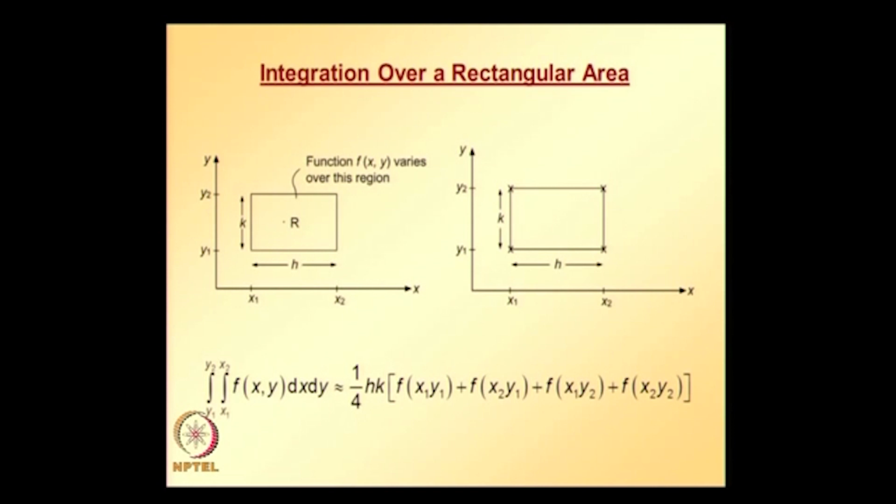If you recall the trapezium rule, this is basically applying the trapezium rule in both directions, and taking the Cartesian product of that results in this equation.